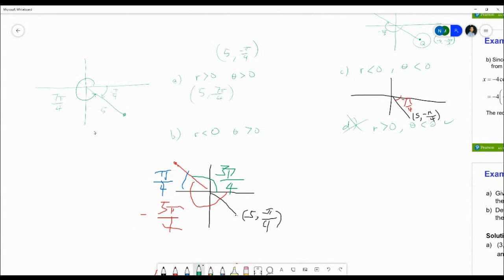What did you get for x and y? For x, I got 5 root 2 over 2. And for y, I got negative 5 root 2 over 2. Very good. How'd you get the same thing?